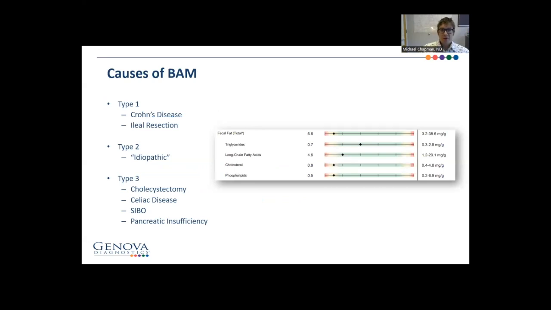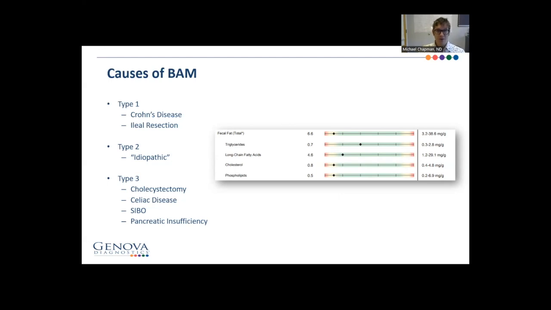Some major causes of bile acid malabsorption, there are 3 different types. One is Crohn's or ileal resection. The second is idiopathic, which basically means we don't know. And the third is having your gallbladder removed, celiac disease, SIBO, pancreatic insufficiency. So it's actually more of this type 2 bile acid malabsorption that I think we should be focusing on.